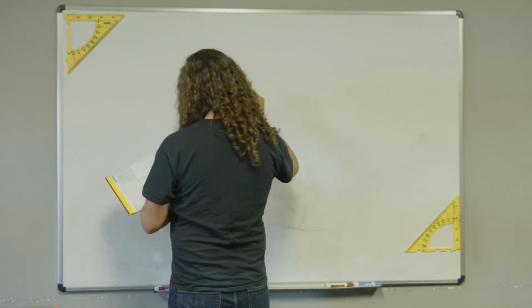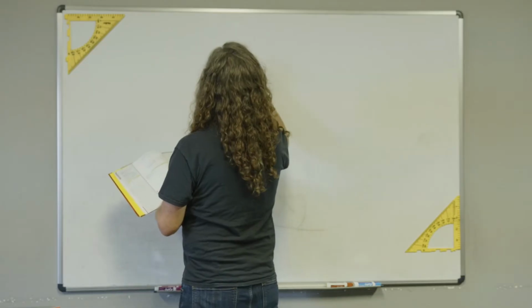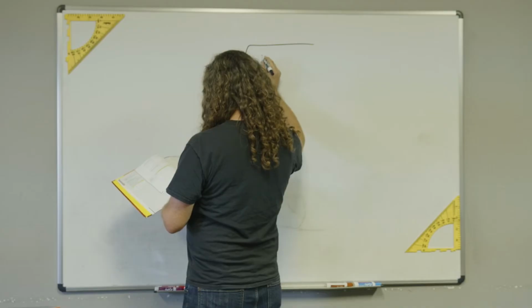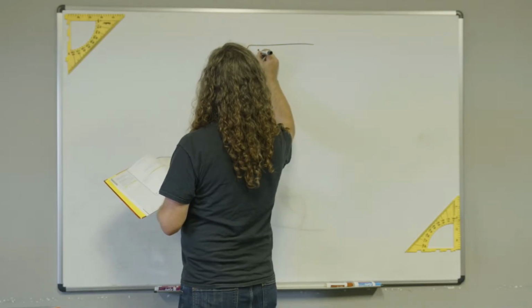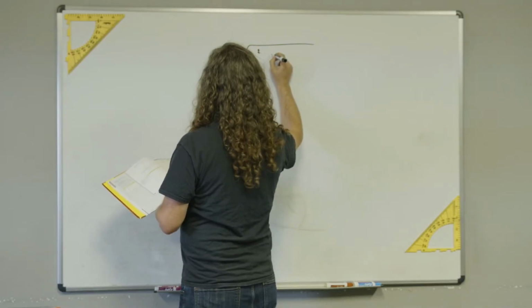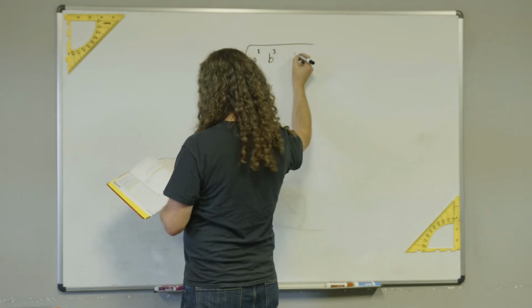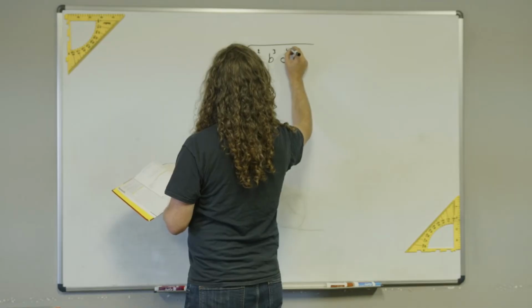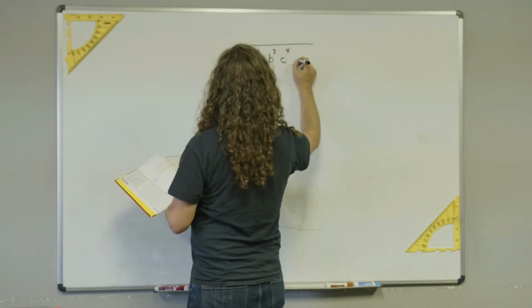The fourth root of a squared b cubed c to the 4th d to the 5th.